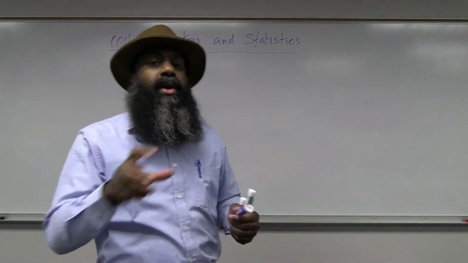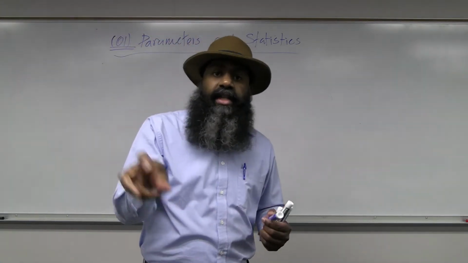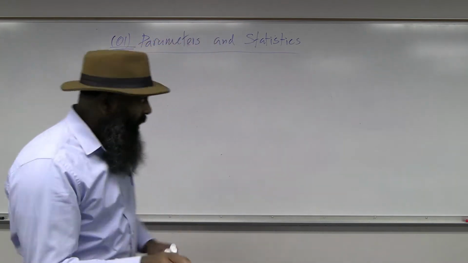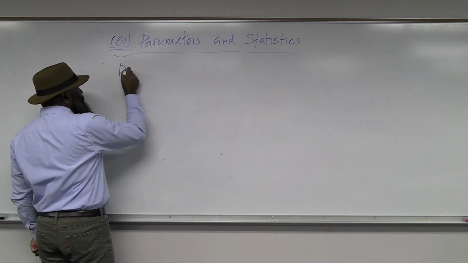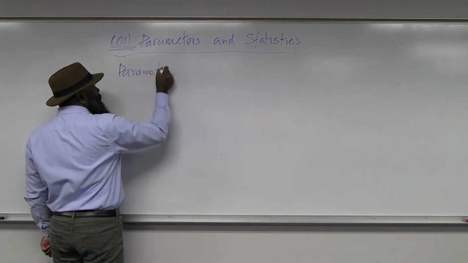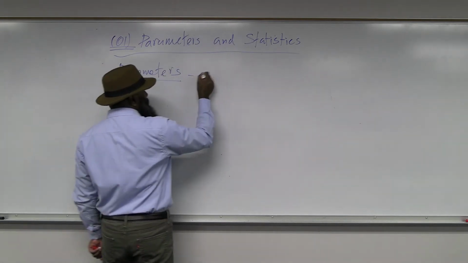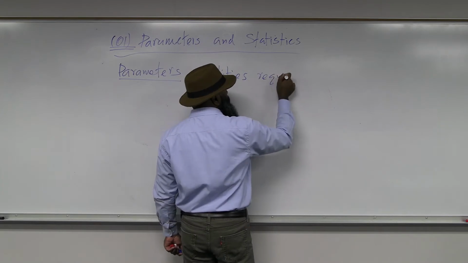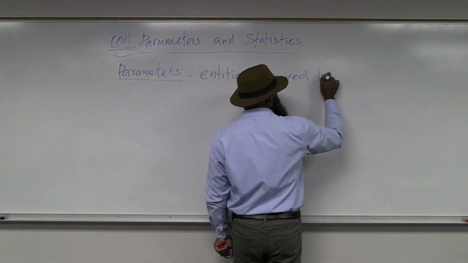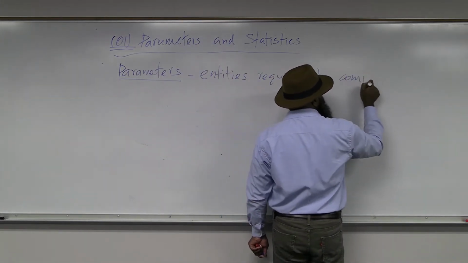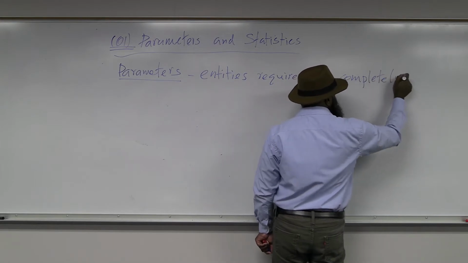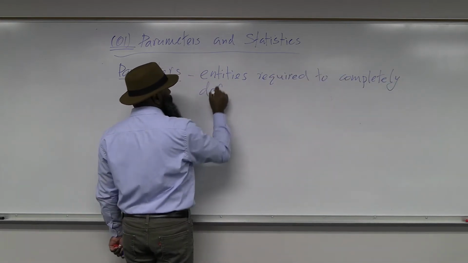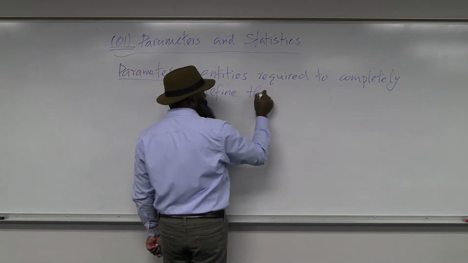Those are the entities required to completely define the distributions. So we'll write it down as that. Parameters are the entities required to completely define the distributions.